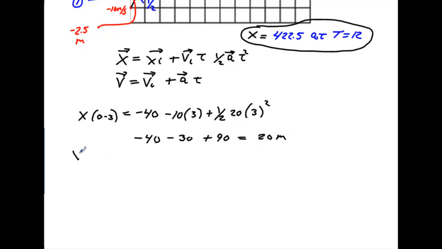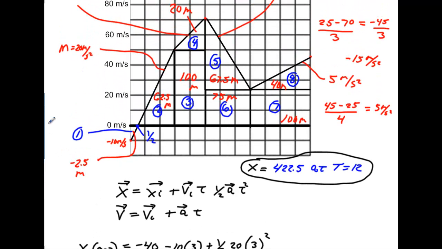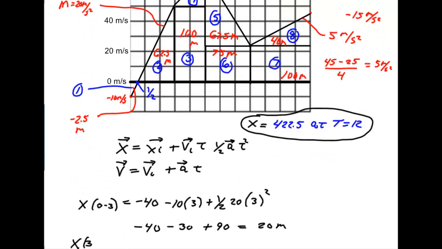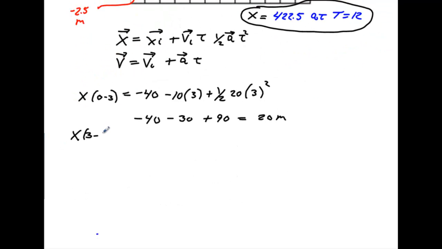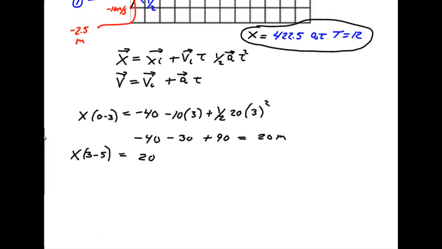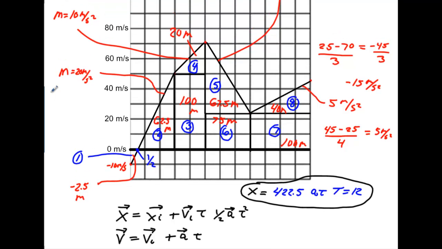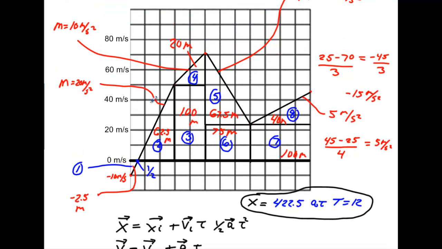Now we'll go another increment between 3 and 5. We go back to our graph, and we're going to go for 2 more seconds. That's going to equal the position that we had previously, which was 20. Now we're going to find out what our velocity is after 3 seconds. Since we've drawn our graph, we know we're at 50.